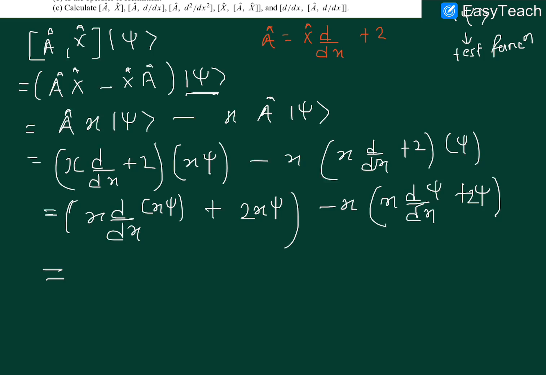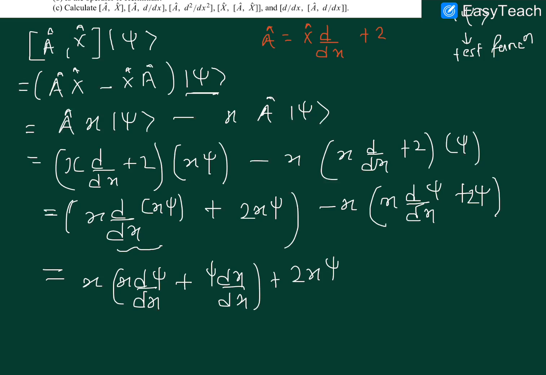Now the differentiation of the products gives us x (x d psi by dx plus psi dx by dx) plus 2x psi minus x square d psi by dx plus 2x psi.